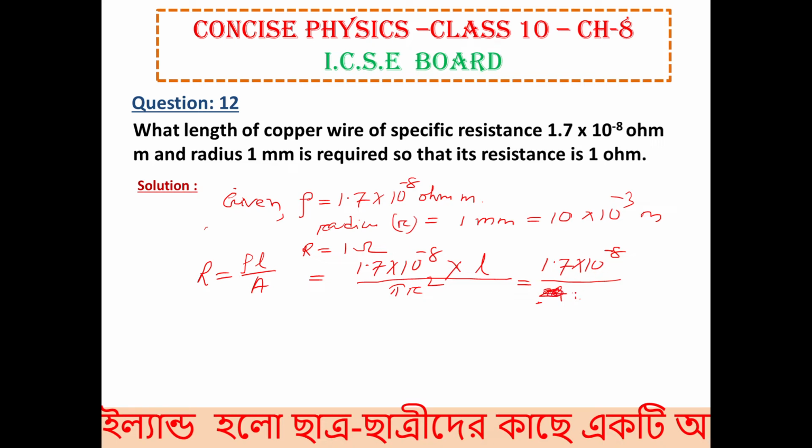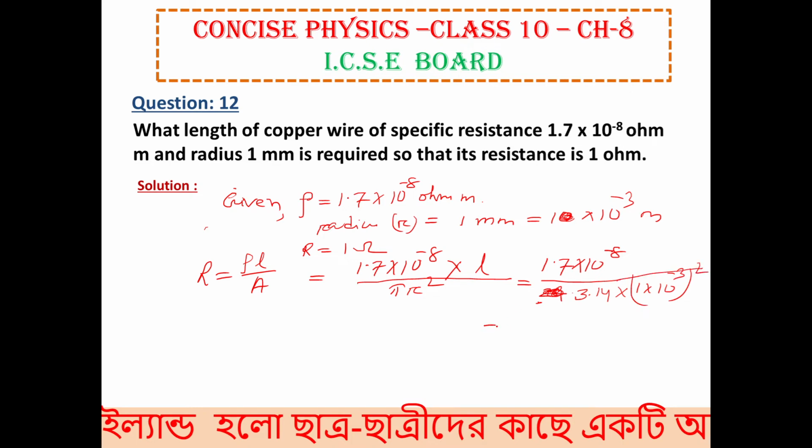Instead of this, if I use 3.14 into R, what is R? R is 1, into 1, that's not 10. It's 1. So 1 into 10 to the power minus 3 whole square.